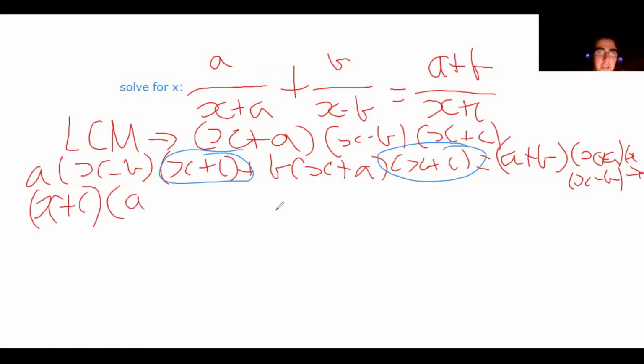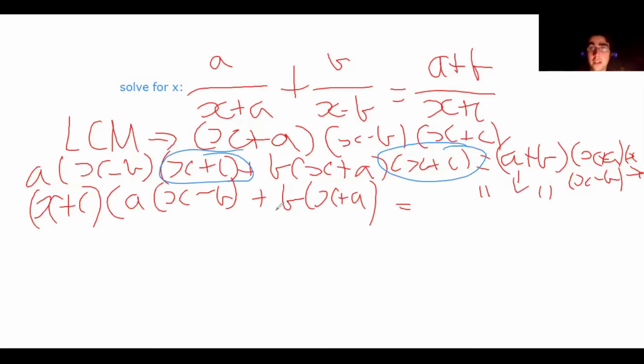Then to multiply to x plus c on the left, we get a times (x minus b), and on the right, we get b times (x plus a). Don't ever do that in your exams. I'm just doing that for the sake of time. You actually need to write down whatever's written here.